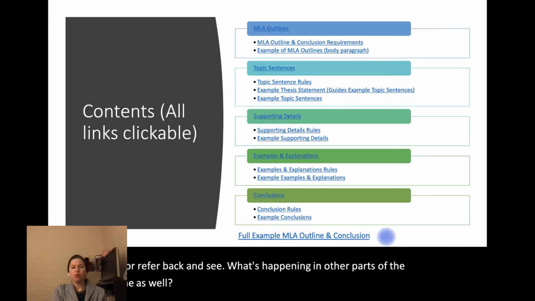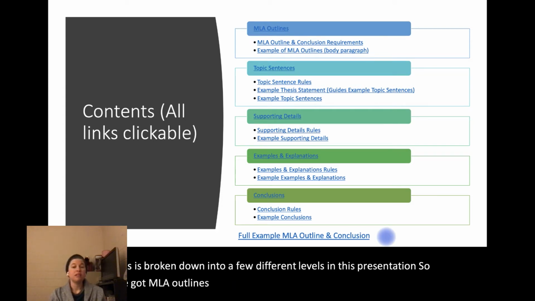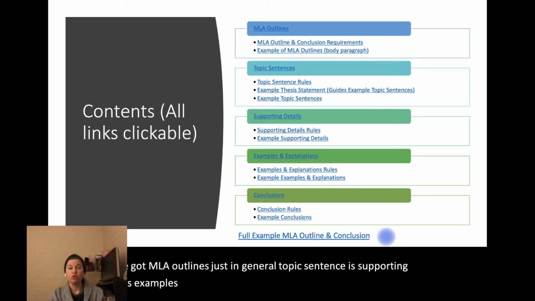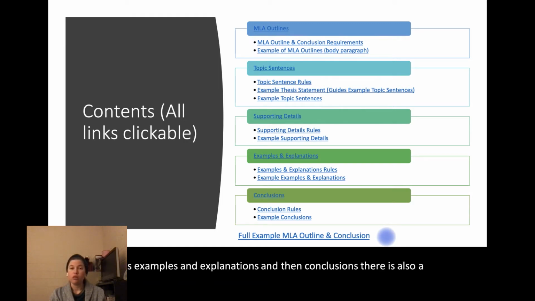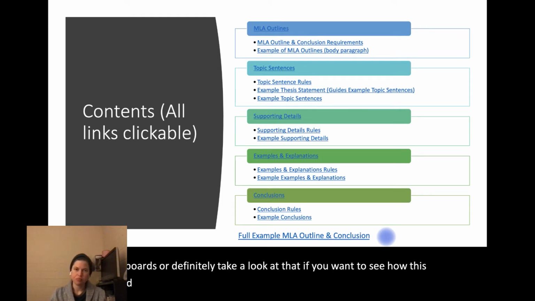So this is broken down into a few different levels in this presentation. We've got MLA outlines in general, topic sentences, supporting details, examples and explanations, and then conclusions. There's also a full example of the MLA outline and conclusion available to you on Blackboard, so definitely take a look at that if you want to see how this should be constructed.